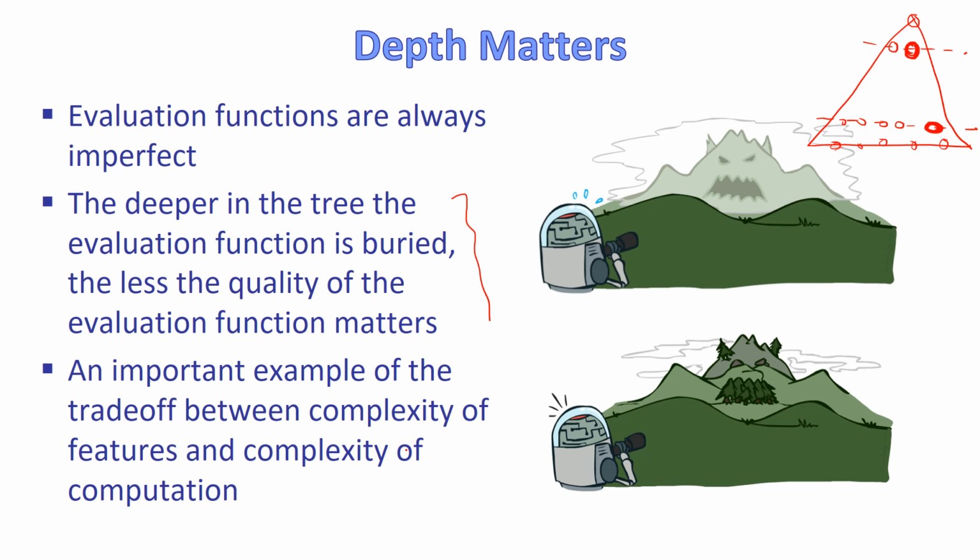So there is a trade-off between the complexity of the features and the time, and of course the quality of the estimated values. That is, if the features are complex to compute, we might get better values, but on the other hand we will spend more time. So that's the trade-off here. We have to consider that when we design the evaluation function. It's exactly the same thing we said when we talked about the design of heuristics in A-star search.